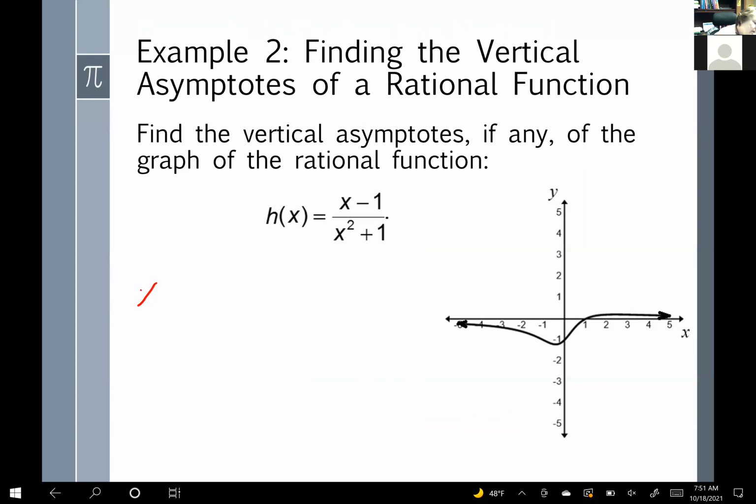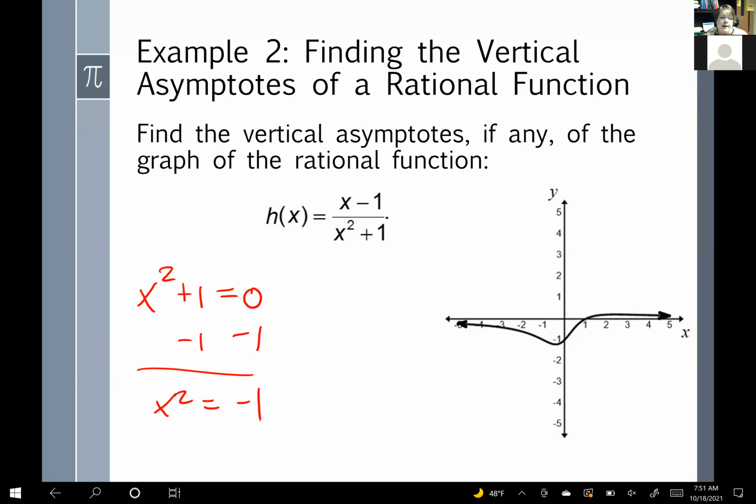So if I set it equal to 0, this equation only has imaginary solutions. So there is no x that would make that equal to 0. So no vertical asymptotes.